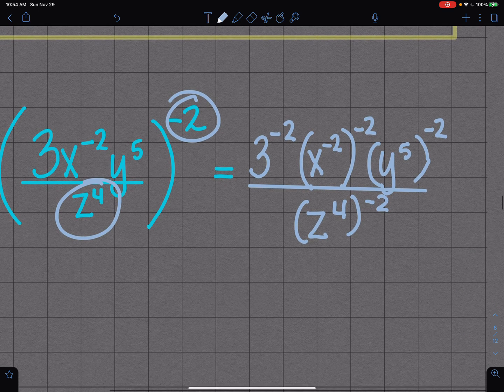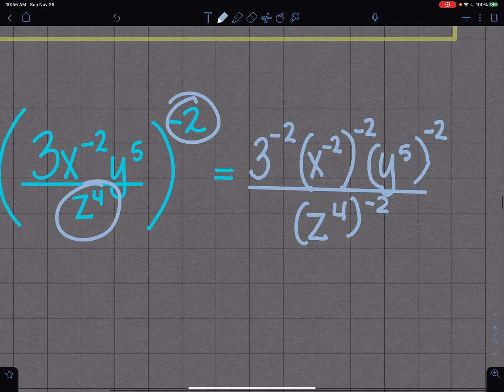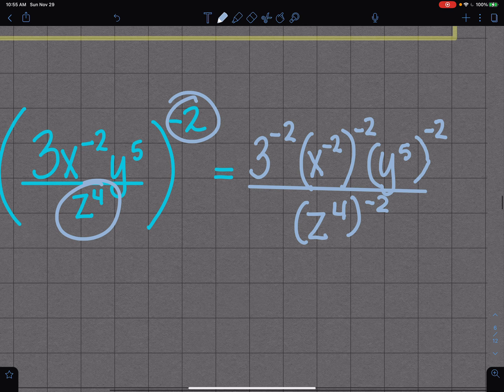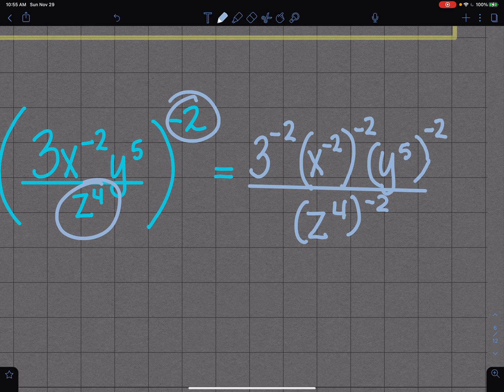And then if we multiply all of that out, okay, what happens to this 3 to the -2? This is what they did in the book. They moved it to the bottom and changed the exponent. So it would be 3 raised to the 2 down there instead of at the top.